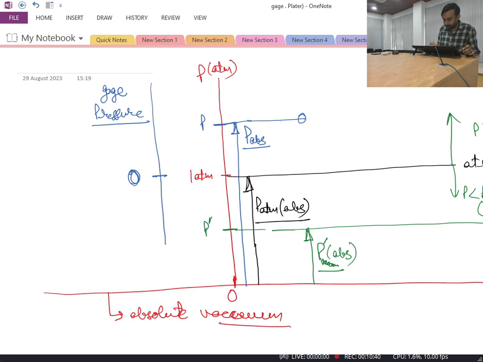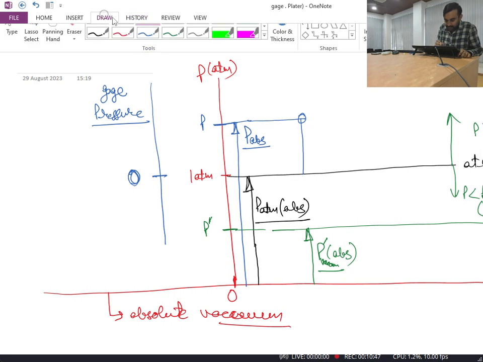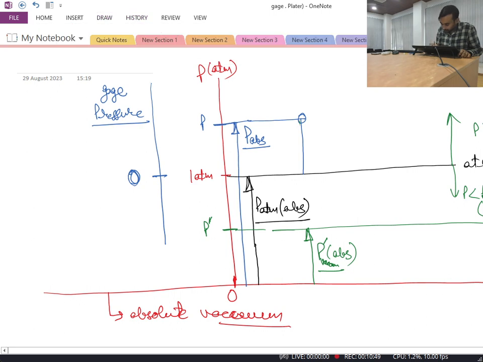Okay, so now if I have to measure this P value of absolute over here, on the gauge scale this value will be P in gauge. And you can see over here that on the absolute scale this point was P atmospheric. So P atmospheric is now assigned the value 0 in the gauge scale.